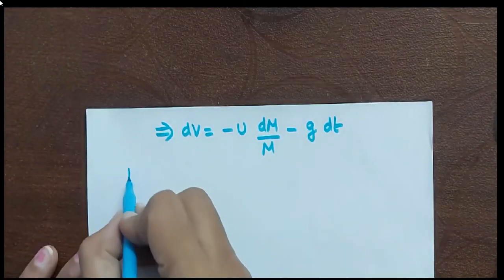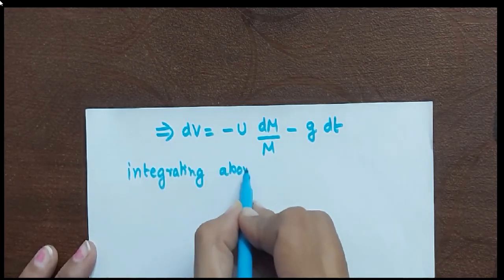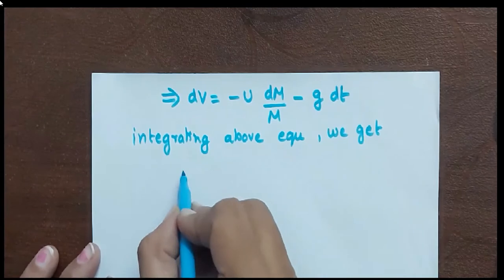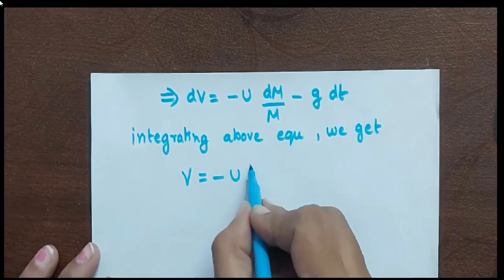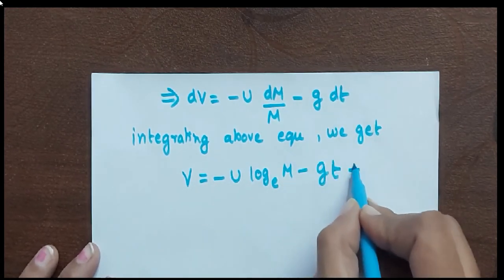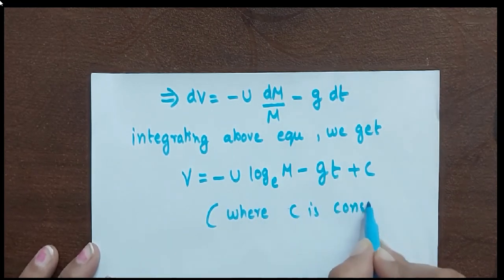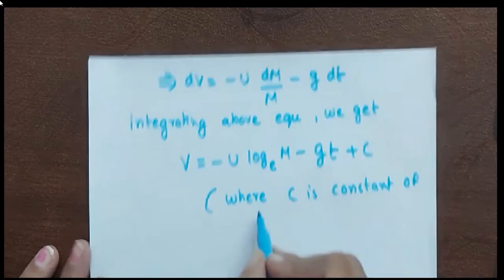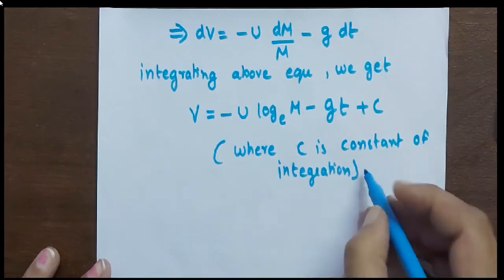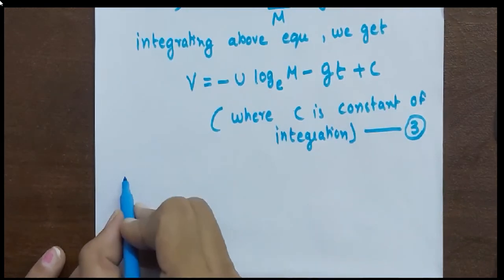Now we will integrate. Integrating the above equation, we get v equals minus u log to the base e of M minus gt plus c, where c is the constant of integration. Equation number 3. Now we will apply the boundary condition.